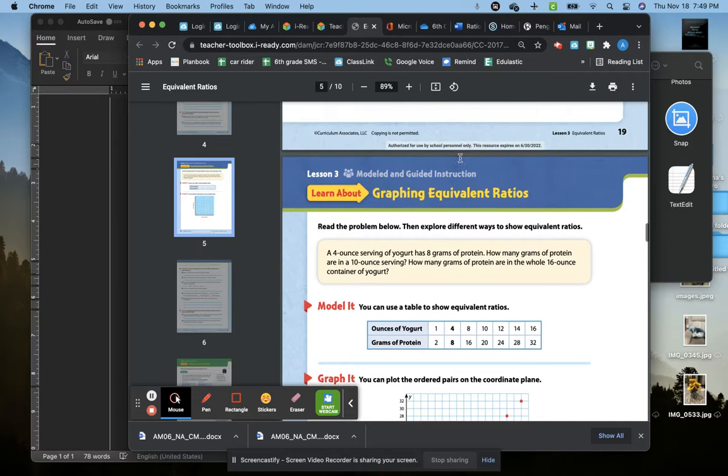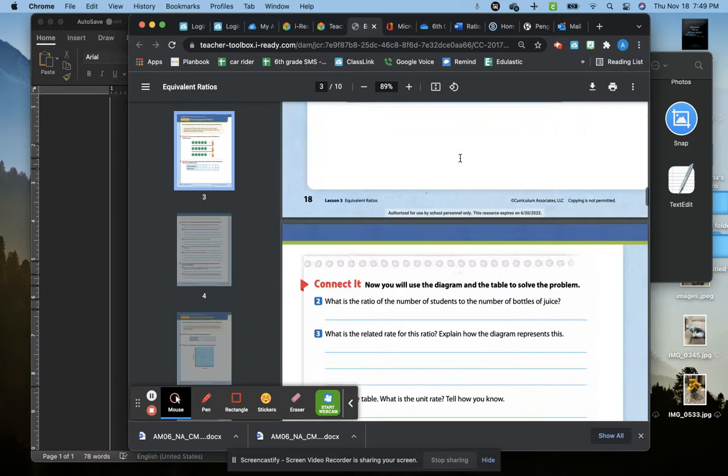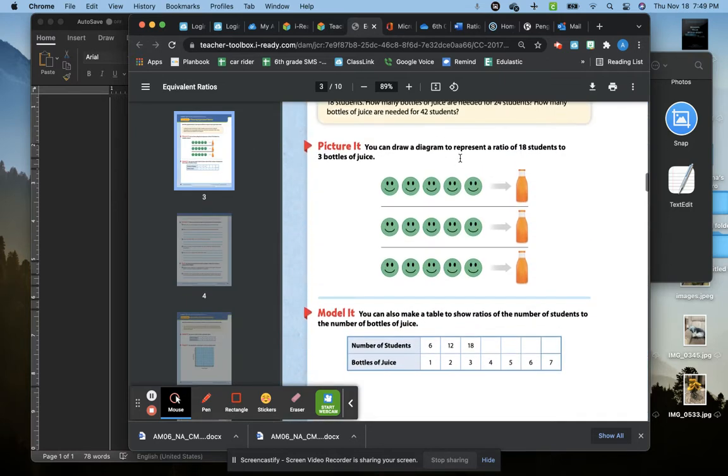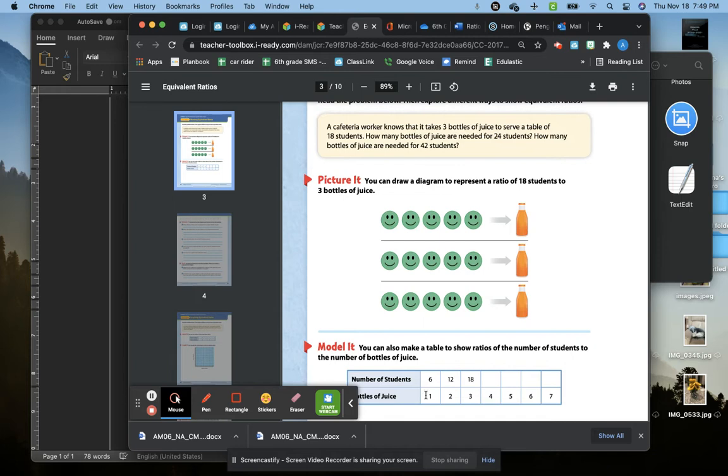We talked yesterday about solving equivalent ratios, which is where we found the unit rate, and then we could multiply the unit rate by our bottom number and then get our top number. Unit rate by our next bottom number, get our top number, and so on.